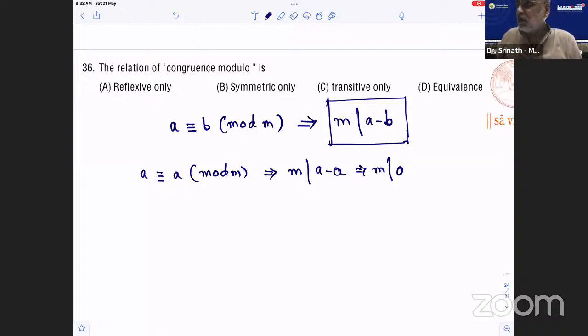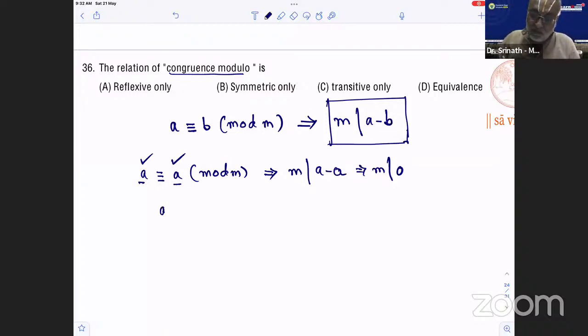You cannot divide any number by 0, but 0 is divisible by every number. So here a is related to a according to this congruence modulo. For every a, a is related to itself, therefore it is reflexive.